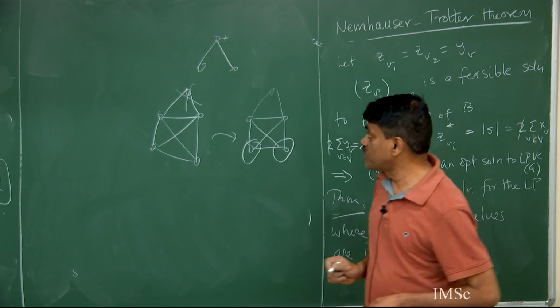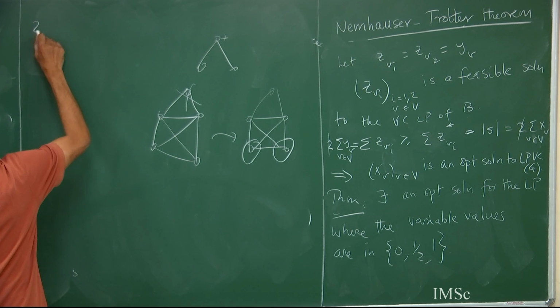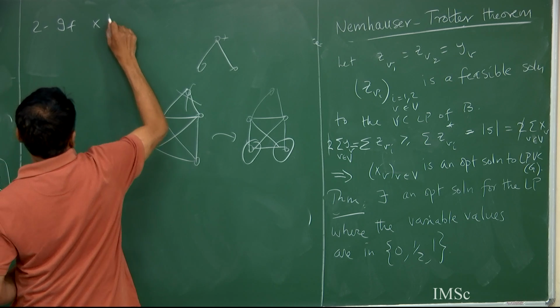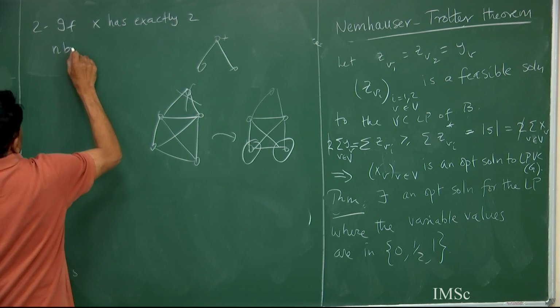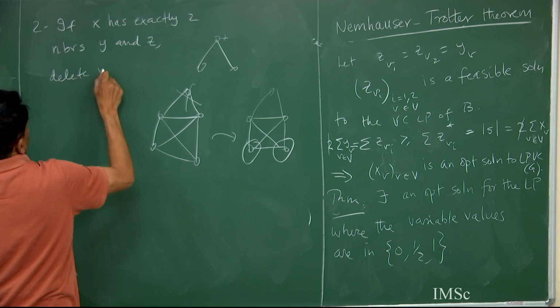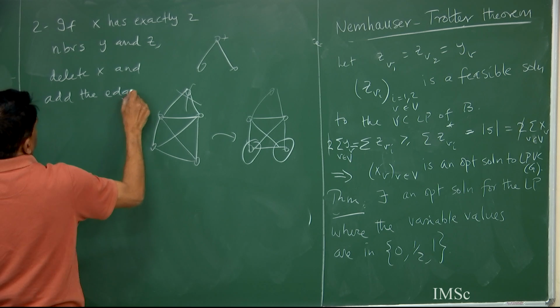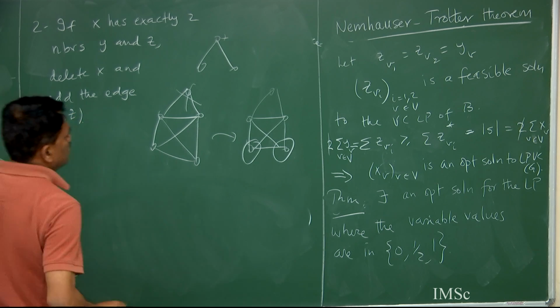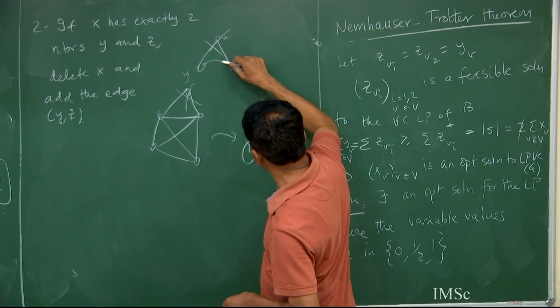So what you can do, like what you said, is what is called short circuiting that vertex. If X has exactly two neighbors Y and Z, delete X and add the edge YZ. So if I have exactly two neighbors, I will delete it but add this edge.